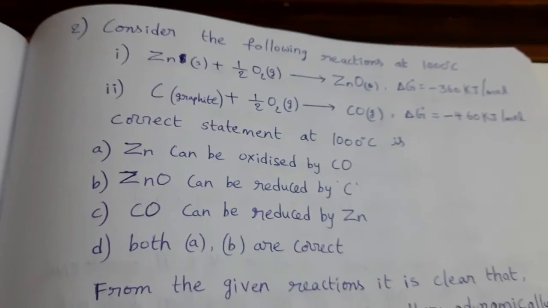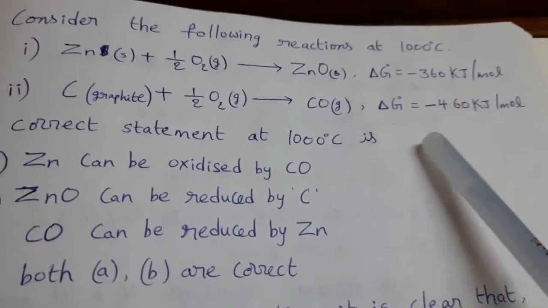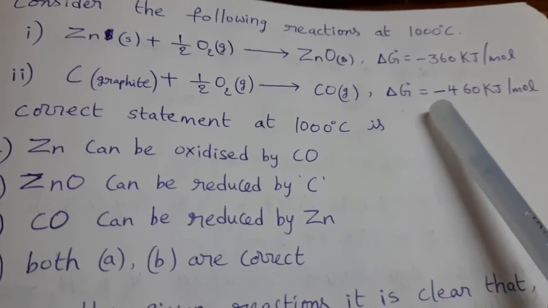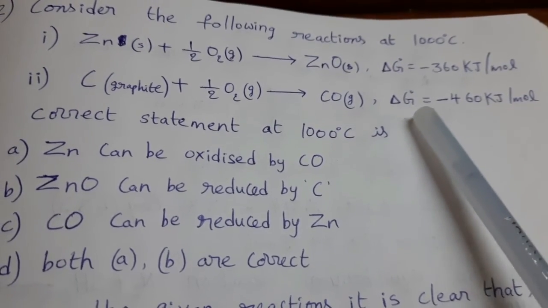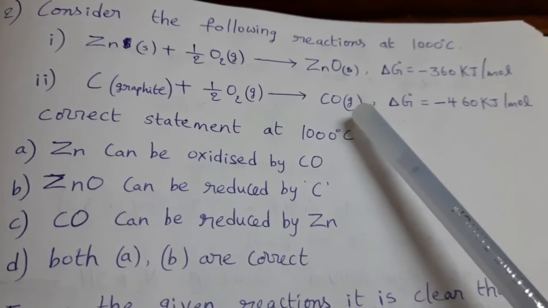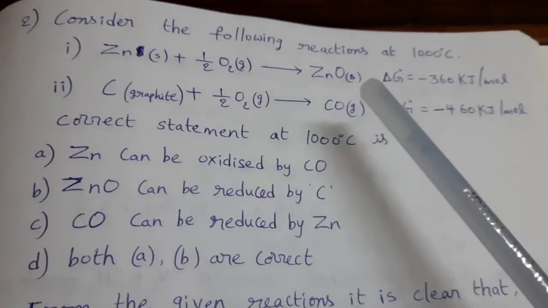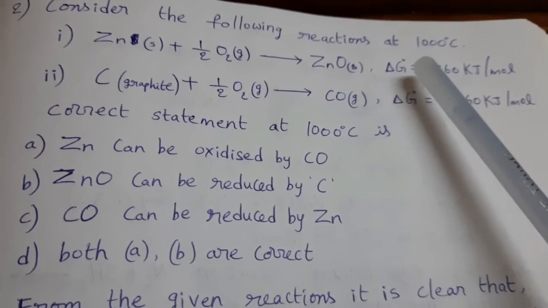Students, understand the answer carefully. In the given reactions, in the second equation, formation of CO has the more negative ΔG value. That means CO formation is thermodynamically more favorable than the first equation.